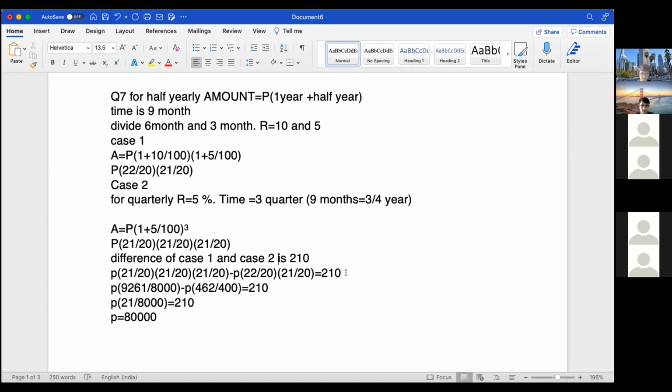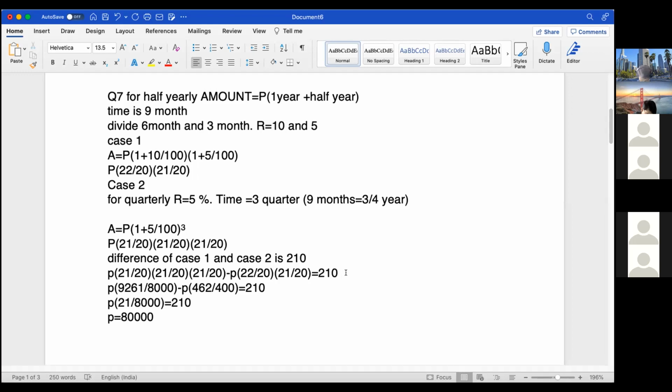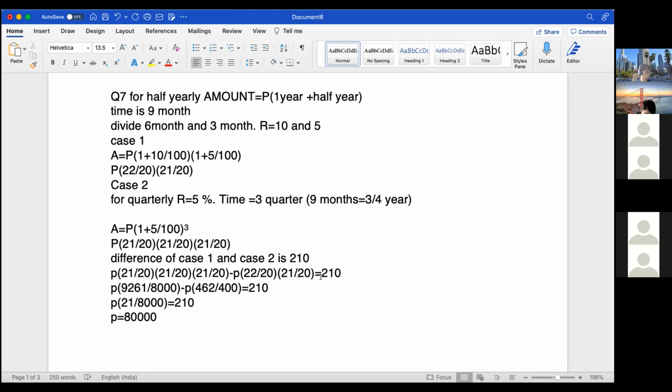Okay, if you solve it, you can see 21 by 20 common hai, so you can take out common also and divide it over here because 21 yahan pe bhi aa raha hai, so cancel ho jayega. Or you can just multiply 3 times and you can write the calculation I have already done over here. You can do the calculation.